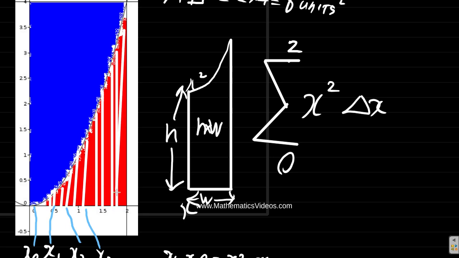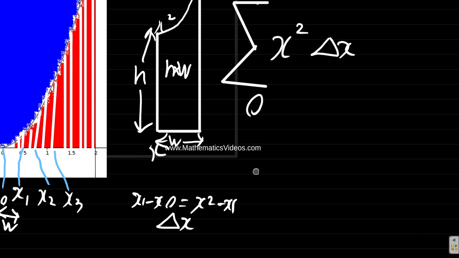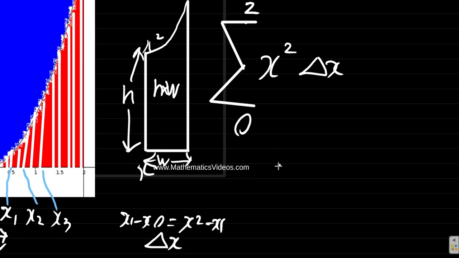Now, what we're finding out here is the limit as delta x tends to 0. If we imagine the number of rectangles getting larger and larger, then the width gets smaller and smaller.